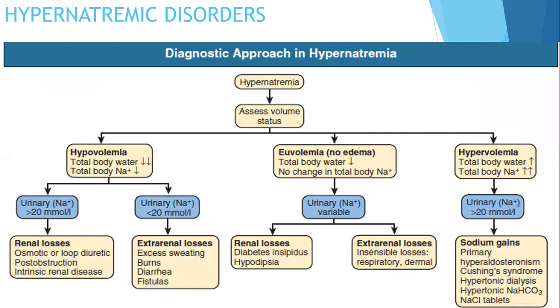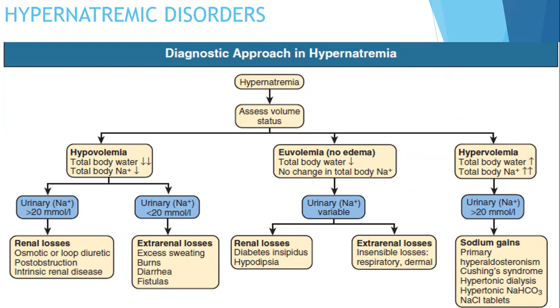So moving on to hypernatremic disorders. Hypernatremia is defined as a serum sodium of greater than 145 millimole per liter. And again, the diagnostic approach remains with the volume assessment. We have to assess the volume status first of all, whether the patient is hypovolemic, euvolemic, or hypervolemic.